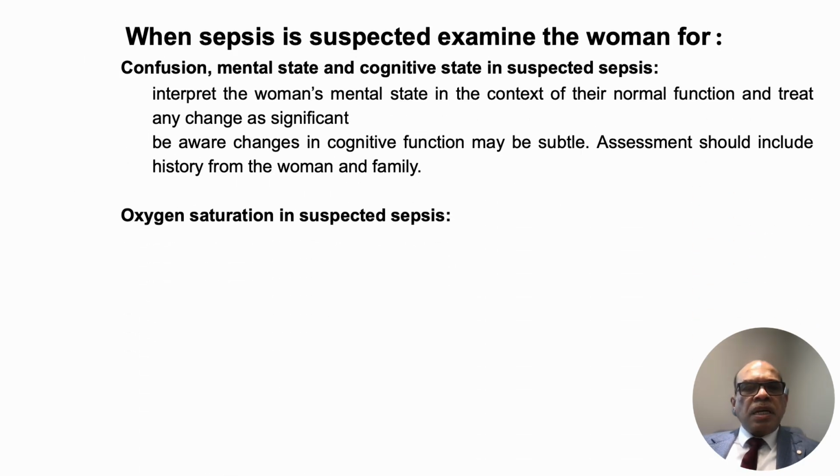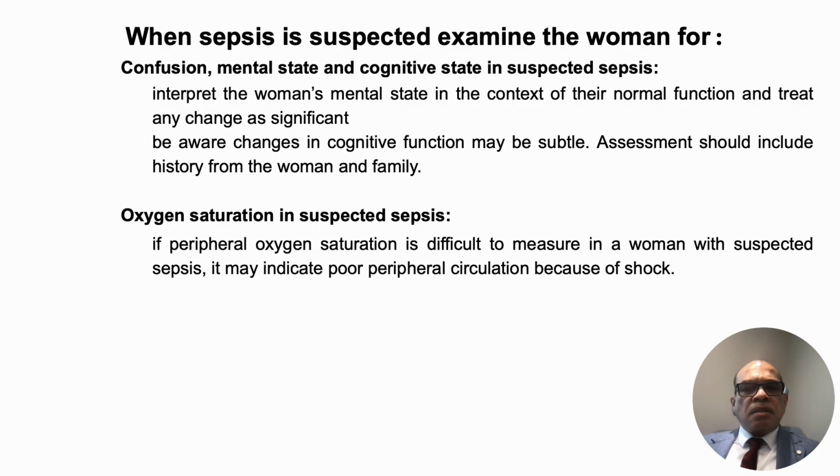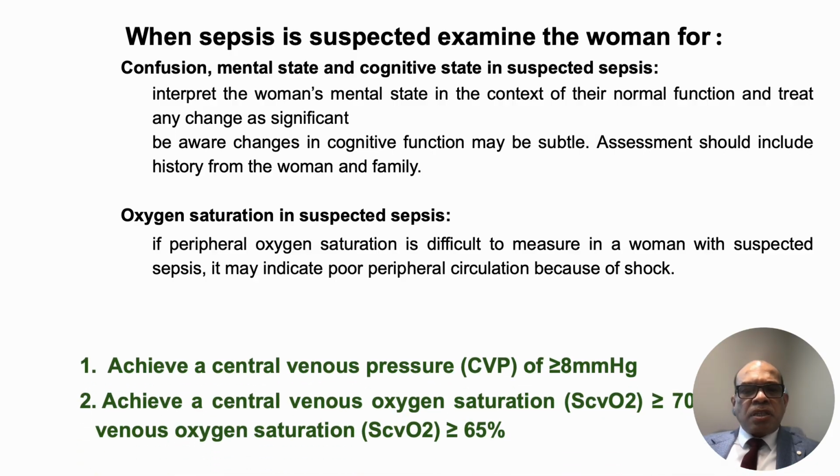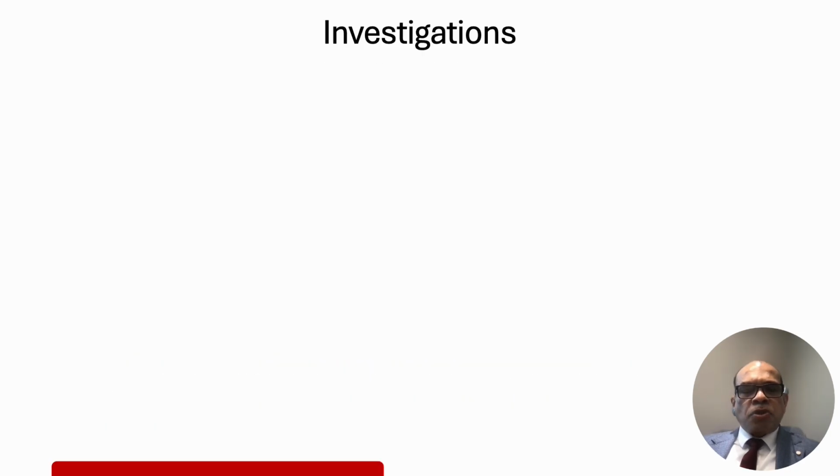We need to carefully examine the patient and also make sure that oxygen saturation is monitored, and always the central venous pressure should be more than 8 millimeters of mercury, and we need to ensure that central venous oxygen saturation is maintained to ensure good tissue perfusion.